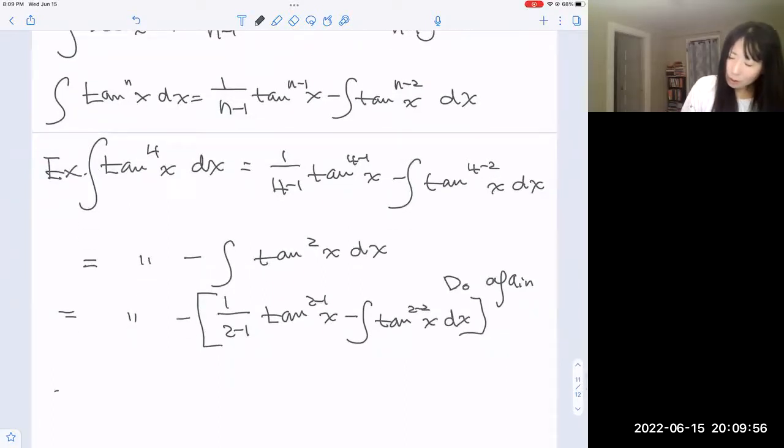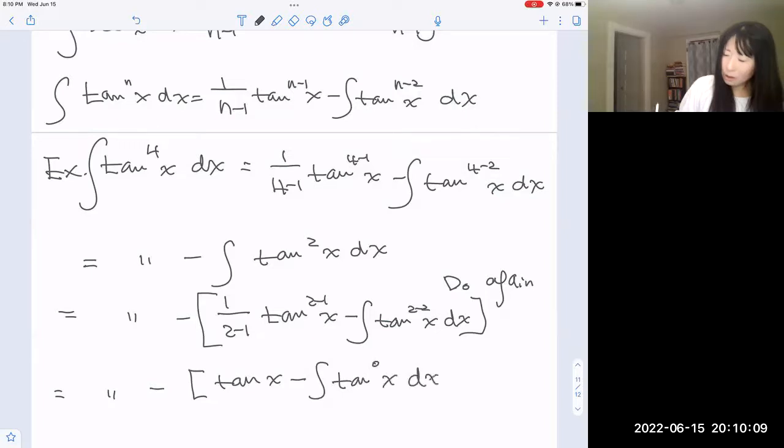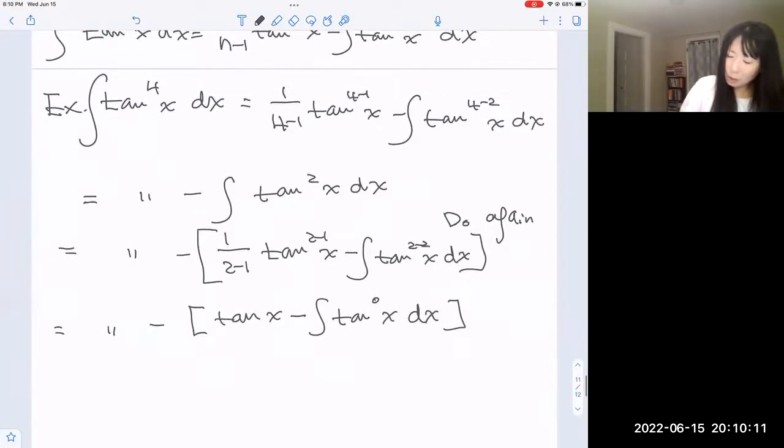And 2 minus 2 is 0, so tan x minus tan to the 0 power.